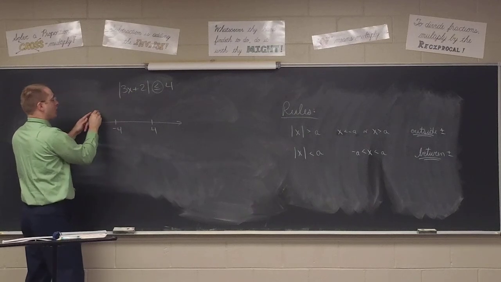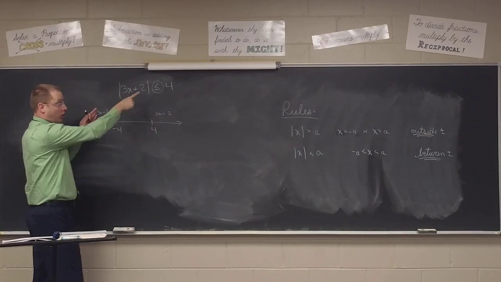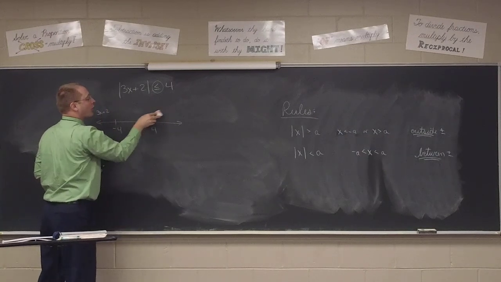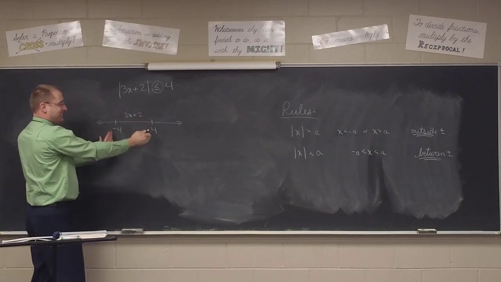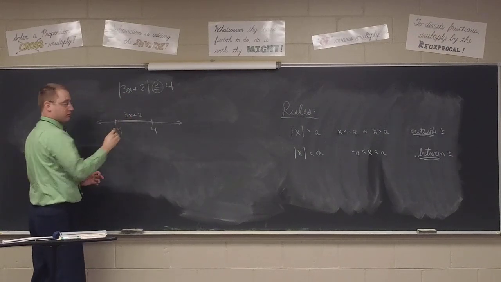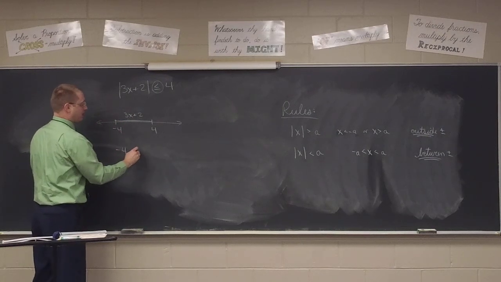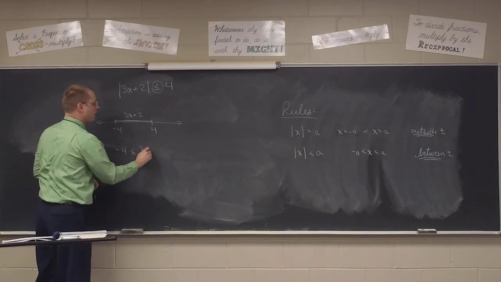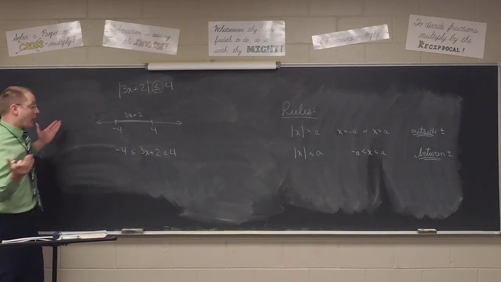And either put the 3x plus 2's outside, which is wrong in this case because it's less than, or put it inside. Allow yourself to visibly see the range of values. Does that make sense? Once you can see it, then write negative 4 is less than or equal to 3x plus 2 is less than or equal to 4. Seems really easy. And now we just have to solve.